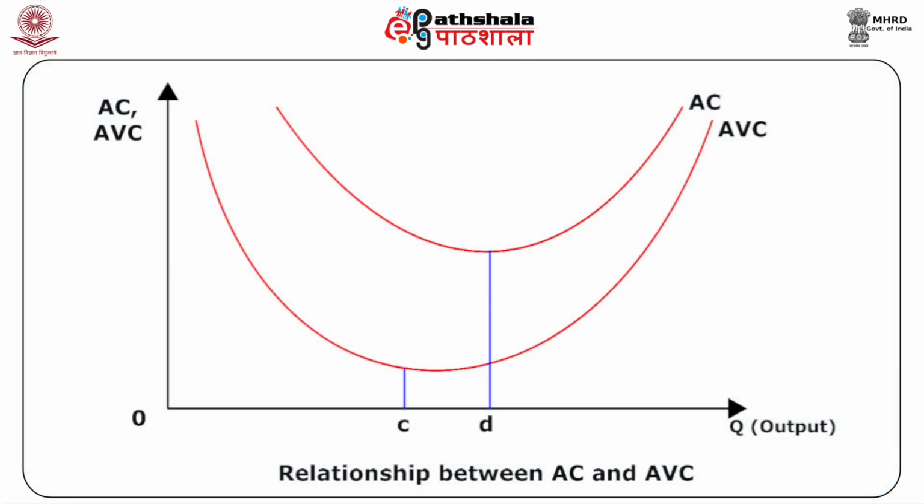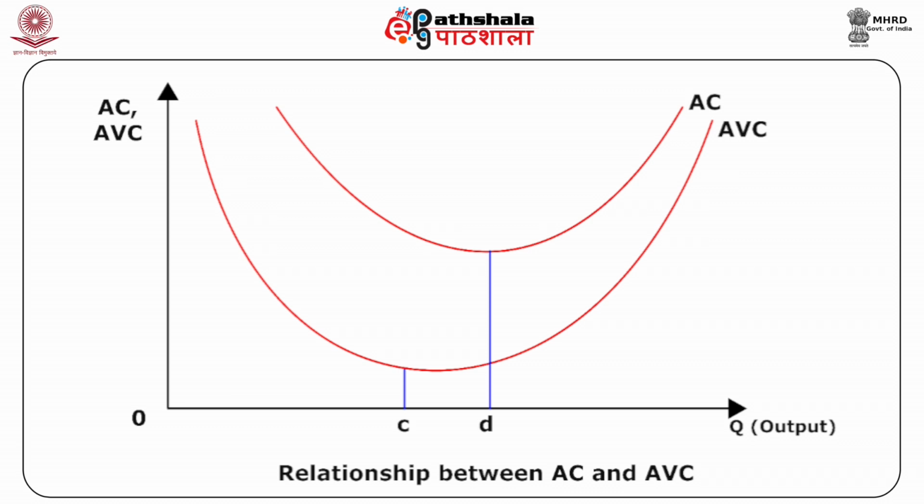Both AC and AVC are U-shaped because of the operation of the law of variable proportions. What you see is that the minimum point of AC is point D, whereas the minimum point of AVC is point C. This is due to the reason that AC comprises AVC and AFC, and both are falling initially with the rise of the level of output.